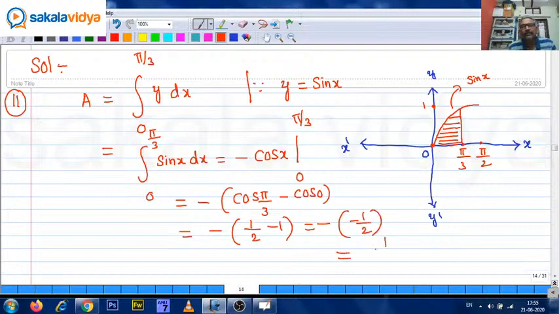So 1 by 2 square units. This is the answer. Right, 1 by 2.